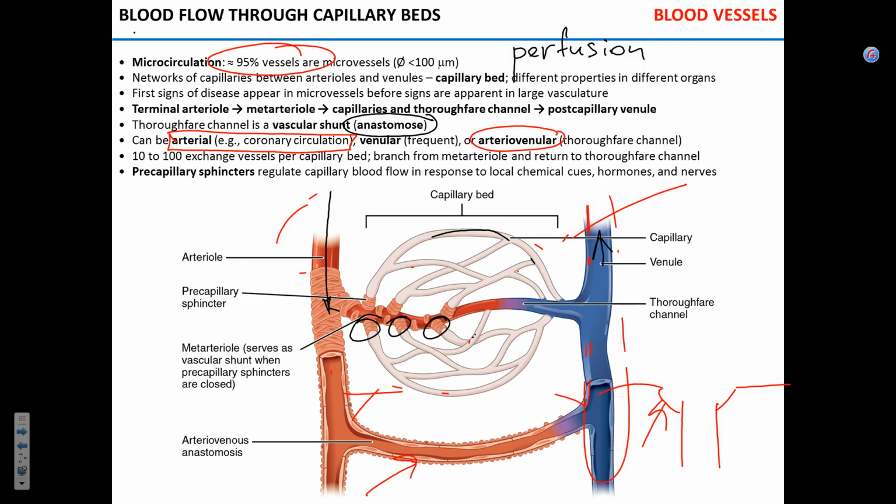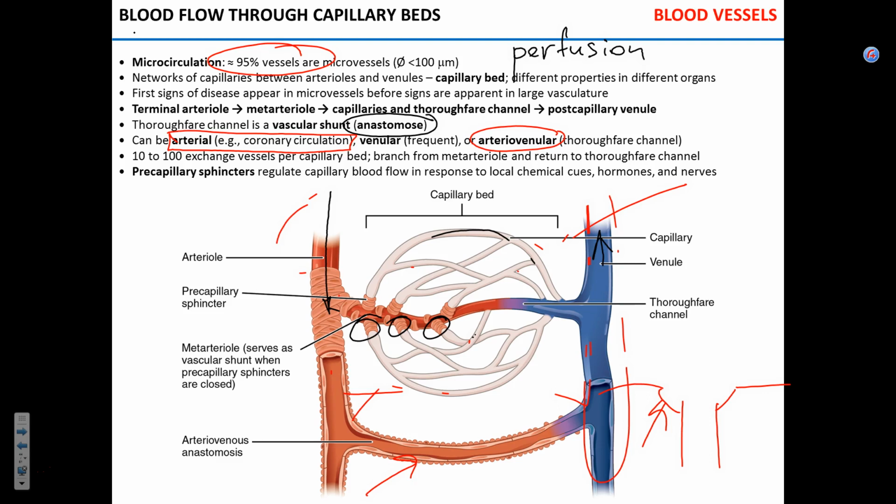Now you have to appreciate, if tissue is hypoxic, what's going to happen to the perfusion of that tissue? So say tissue is hypoxic. What will happen in response to hypoxia? Increased perfusion, exactly. Does that make sense? Because it has low oxygen, and the perfusion will increase to deliver more oxygen.